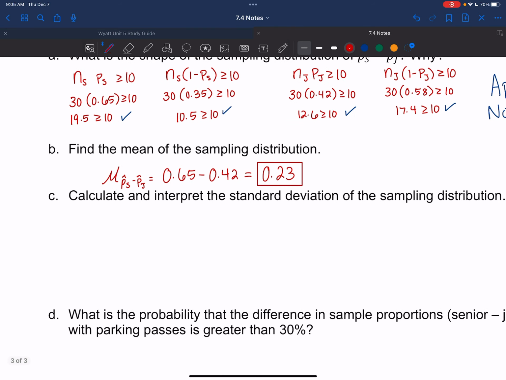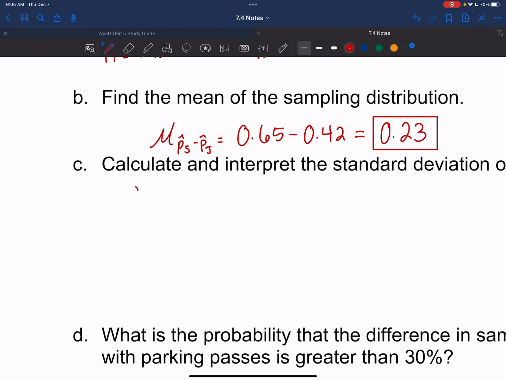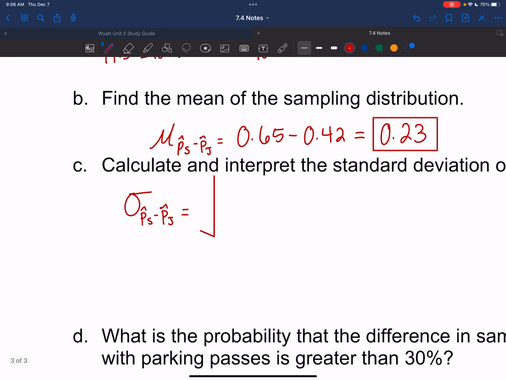All right. And then it says calculate and interpret the standard deviation of the sampling distribution. So for p hat sub s minus p hat sub j, we're going to have the square root of 0.65 times 0.35 divided by 30, plus 0.42 times 0.58 divided by 30.